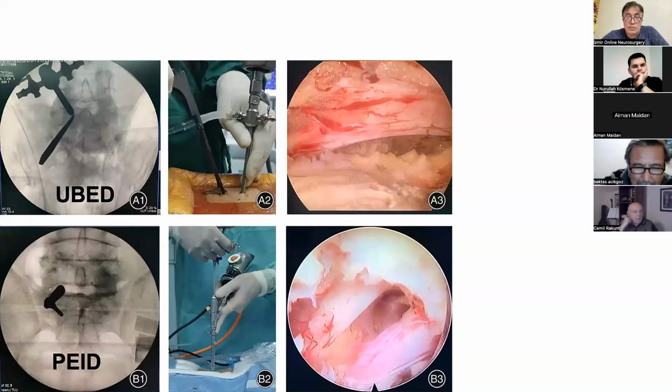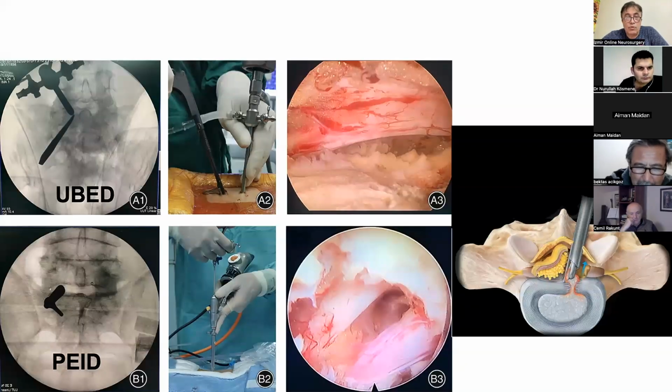In contrast, any interlaminar approach inevitably needs considerable neural retraction and may cause some neural problems.